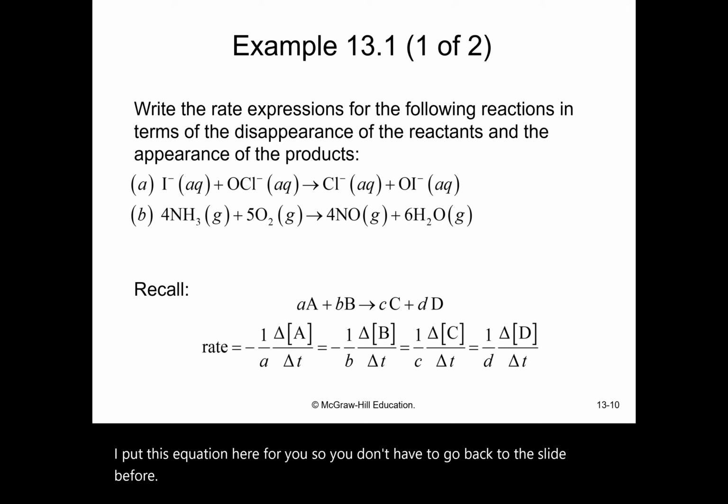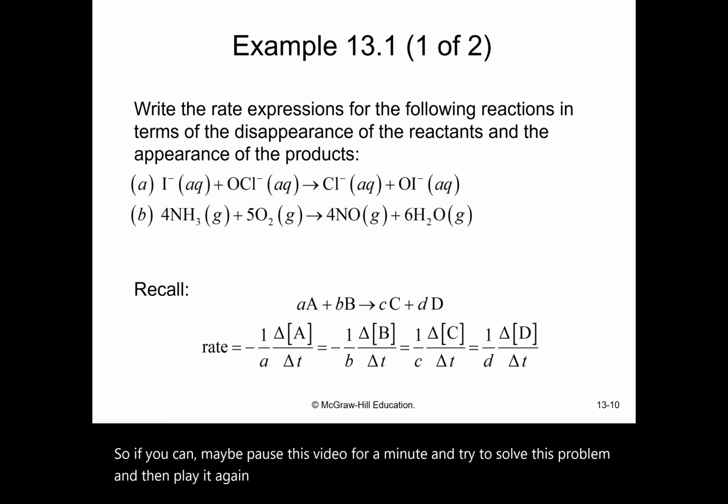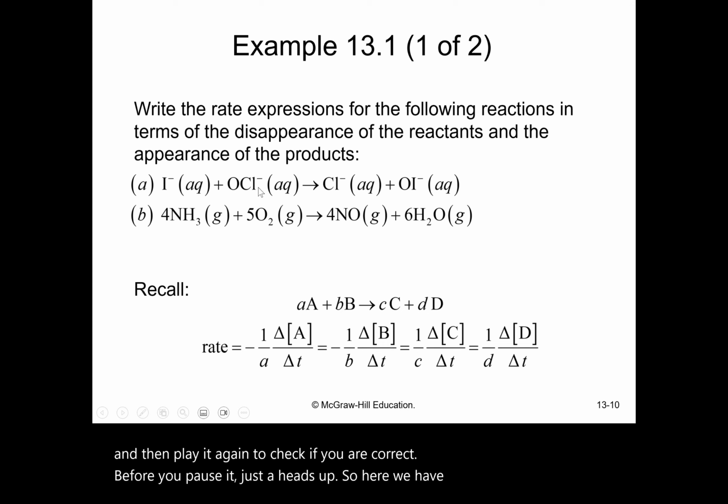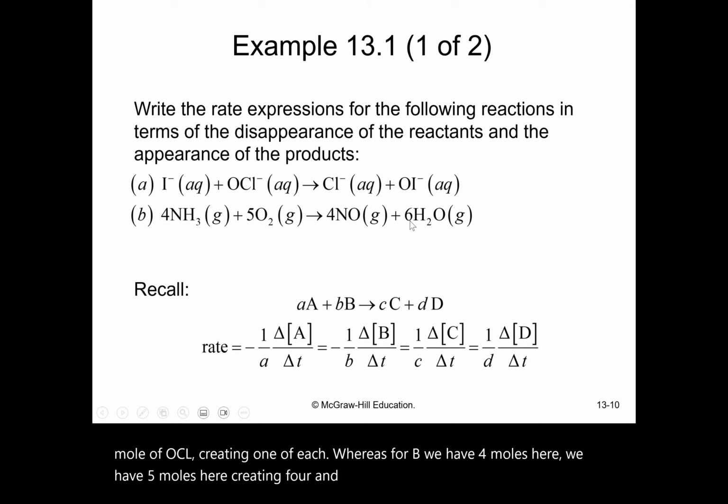So if you can, maybe pause this video for a minute and try to solve this problem, and then play it again to check if you are correct. Before you pause it, just a heads up. So here we have 1 mole of I, 1 mole of OCl, creating 1 of each. Whereas for B we have 4 moles here, we have 5 moles here, creating 4 and 6.